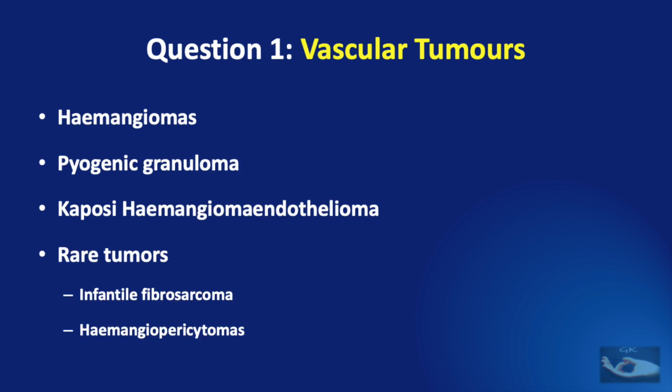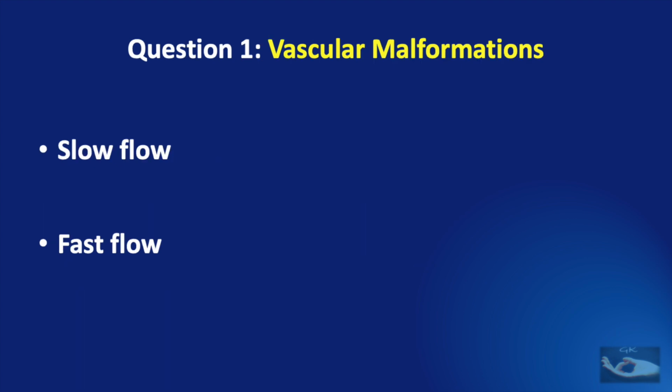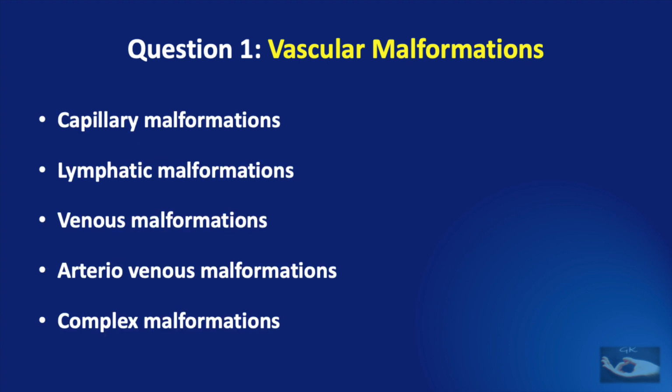The following come under the classification of vascular tumors: hemangiomas, pyogenic granuloma, Kaposi's hemangioendothelioma, and rare tumors like the infantile fibrosarcoma and hemangiopericytomas. Whereas vascular malformations can be slow flow or fast flow malformations, and they can be capillary, lymphatic, venous, arteriovenous, or complex malformations.